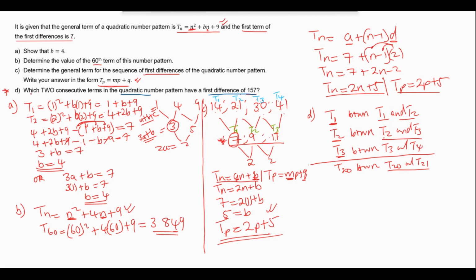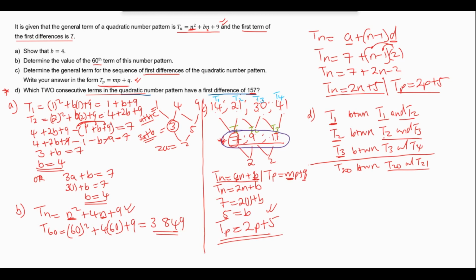So it says here, which two consecutive terms in the quadratic number pattern have the first difference of 157? If we find the term number for 157 in the first differences, it will show us which two consecutive terms in the quadratic number pattern this 157 is between.